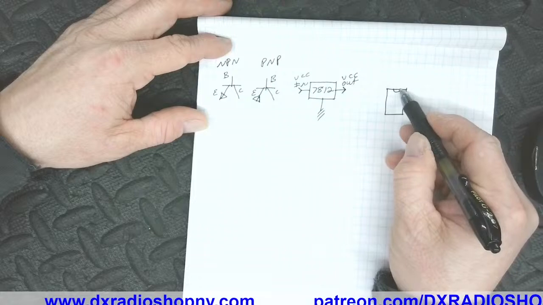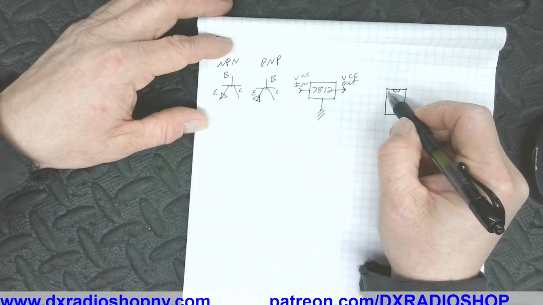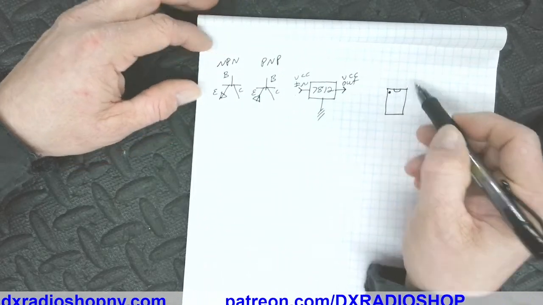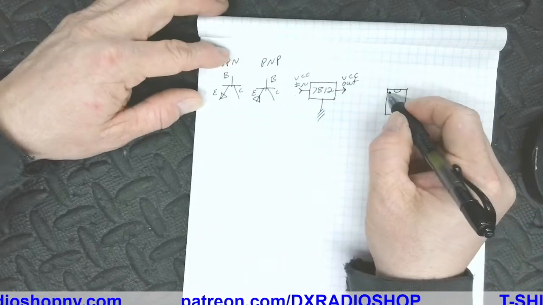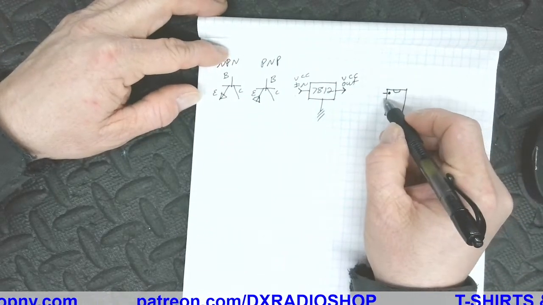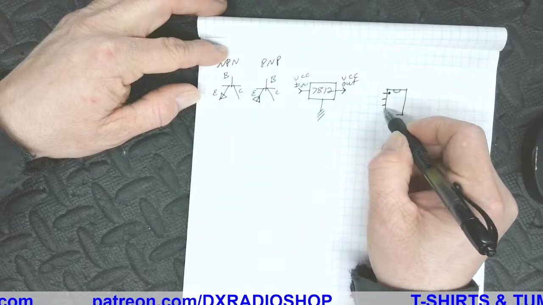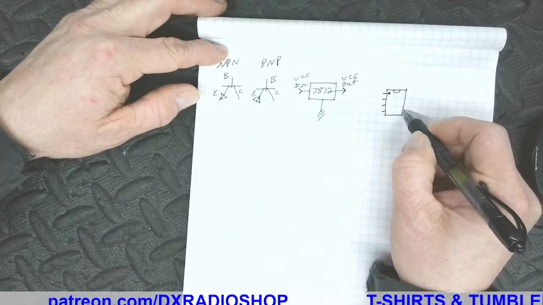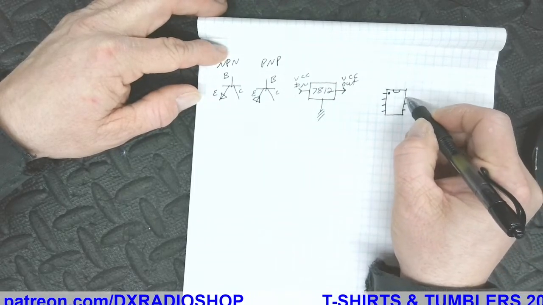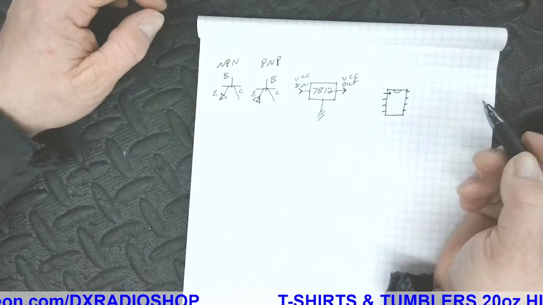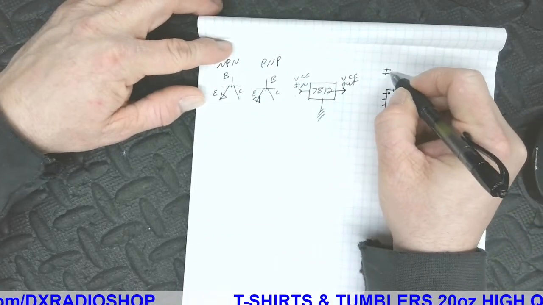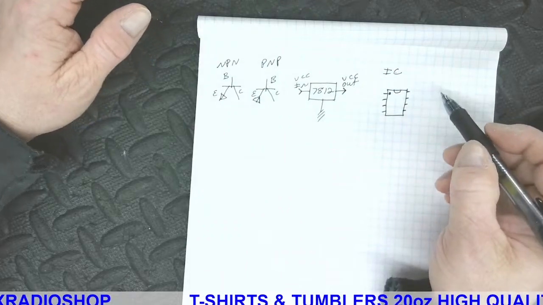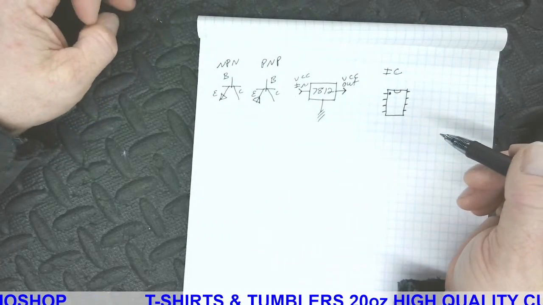You might see like a little divot here, and you might see like a little circle on this side. That indicates pin 1. So this would be pin 1, and then we'll just make this an 8-pin chip just for reference. Okay, and that would be your IC, or integrated circuit. Okay, real basic.